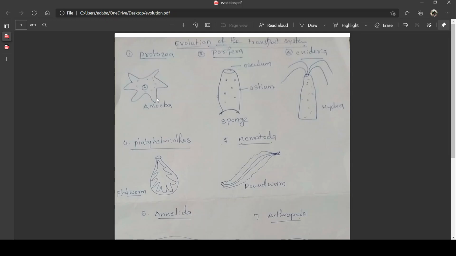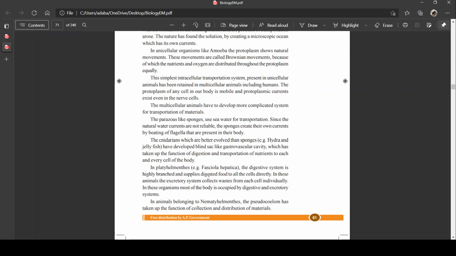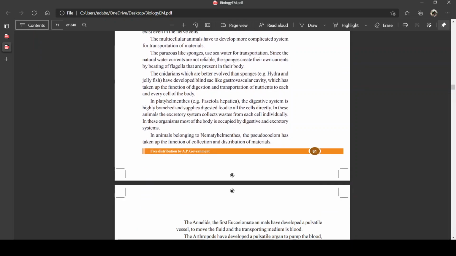Next phylum is Platyhelminthes. The best example of Platyhelminthes is Fasciola hepatica. In this phylum, the digestive system is highly branched and it supplies digested food to all the cells directly.